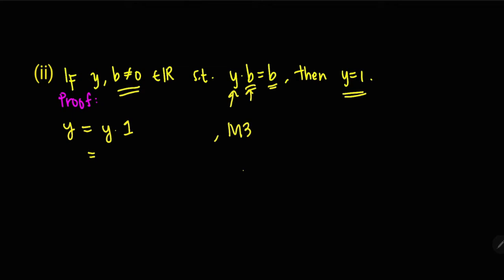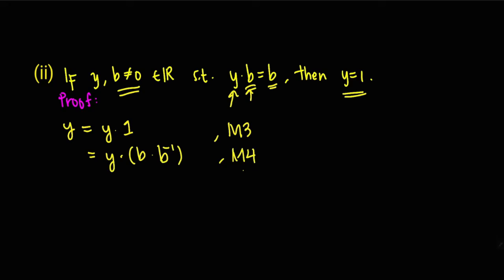So, any number that is not equal to 0 must have an inverse. So, that means we can rewrite 1 in our equation as b times its inverse, b inverse. That's the existence of multiplicative inverse, or M4.